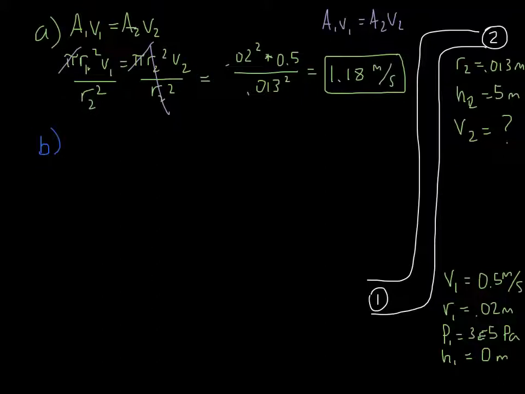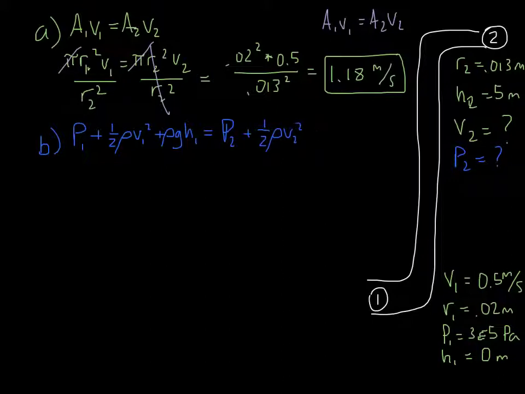we now want to find the pressure in that part of the pipe. So we're now looking for P2. The only equation for fluid flow that has pressure in it is Bernoulli's equation, so I'll start by writing that long equation. P1 plus 1/2 rho V1 squared plus rho g H1 is equal to P2 plus 1/2 rho V2 squared plus rho g H2.